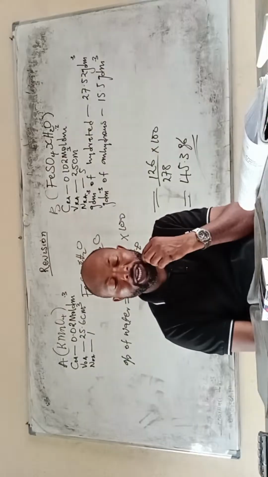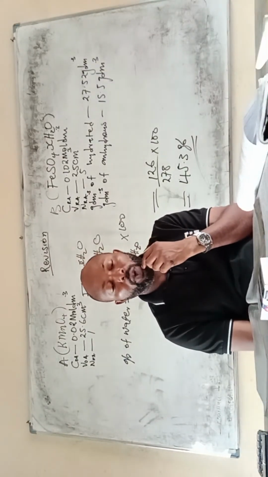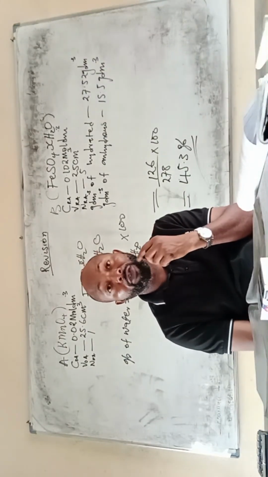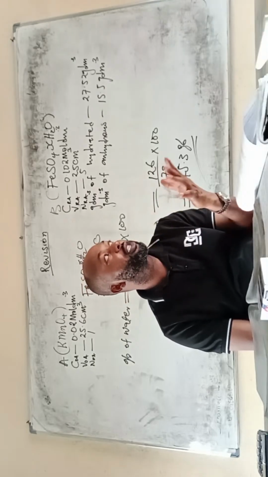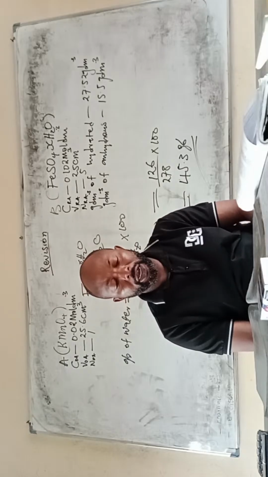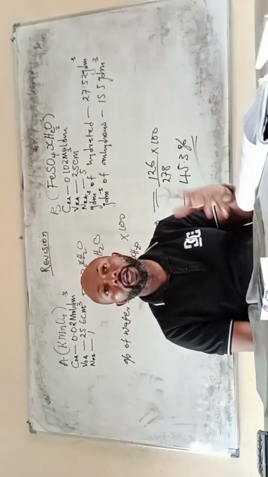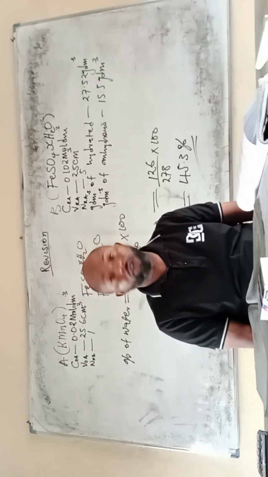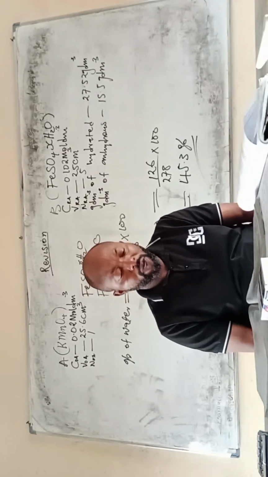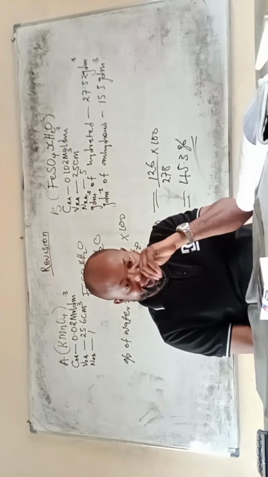So we have to calculate that of the anhydrous. Then when we do that, we'll be able to determine our value Y. Y is the number of moles of water of crystallization. Then we can proceed further to get our percentage if they ask us, but they did not. So if we get Y, we can stop there.